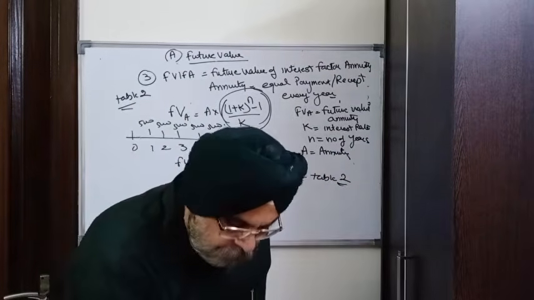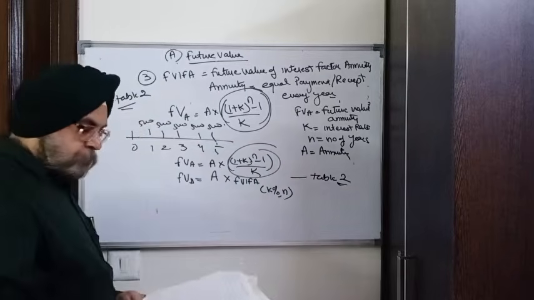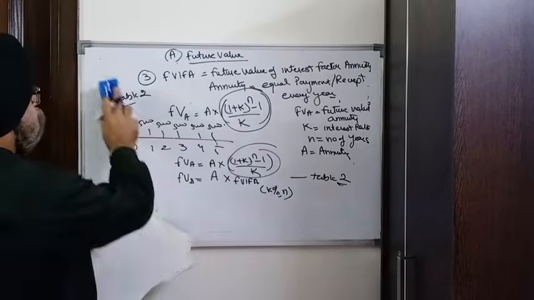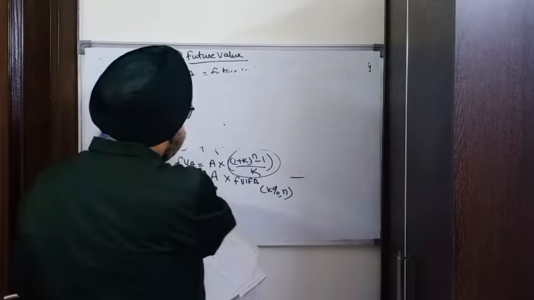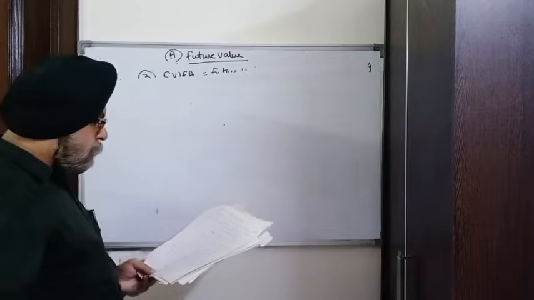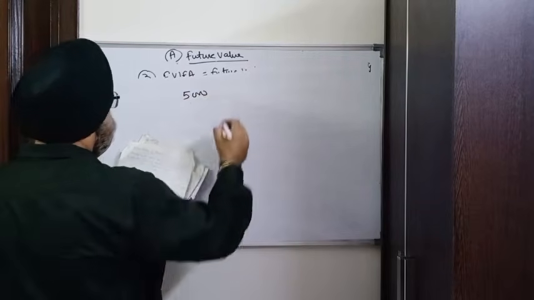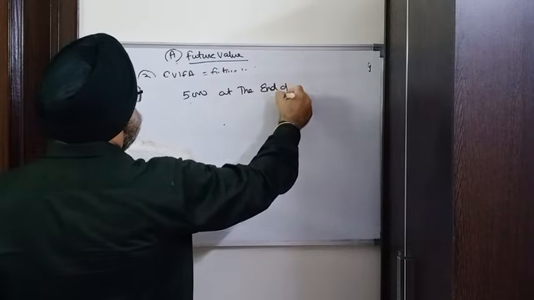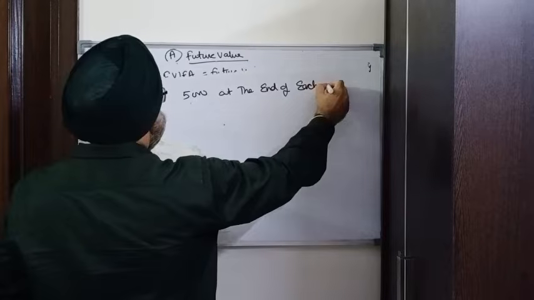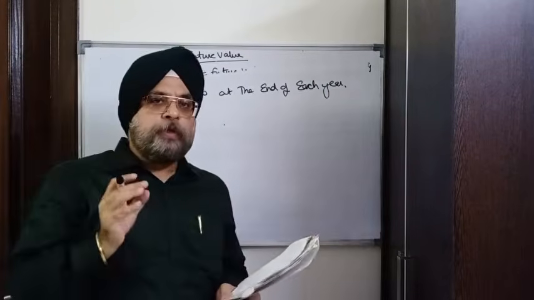Let us start with the question. Suppose a firm deposits 5,000 rupees at the end of each year.